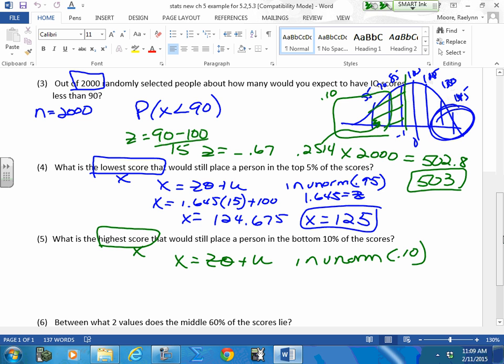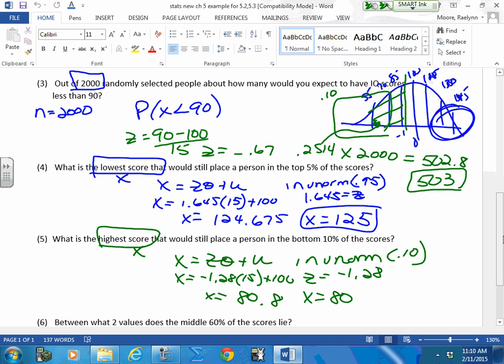And what's my z-score? I'll tell it to you. It's negative 1.28. So you're going to plug it in here, and you're going to see if this is reasonable. And we get 80.8. Now, do I need to round up or down? Down. Good. So 80.